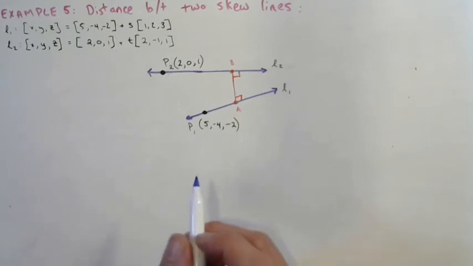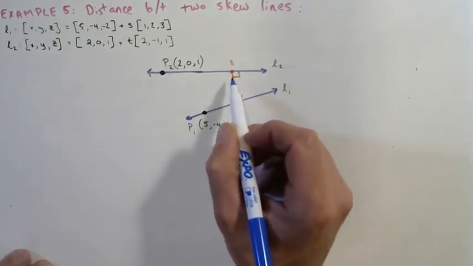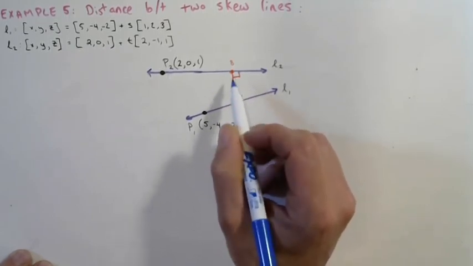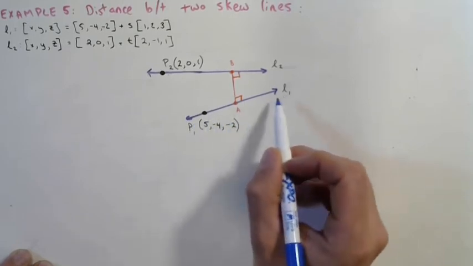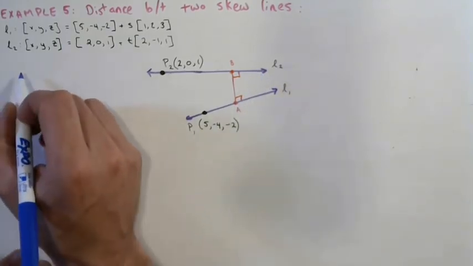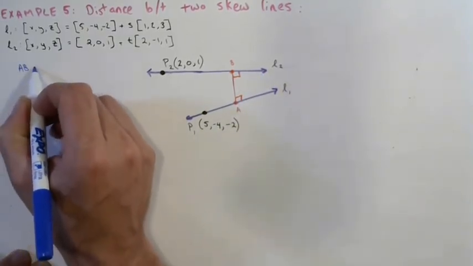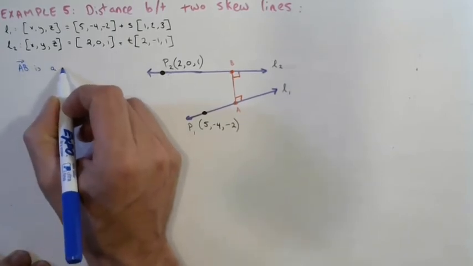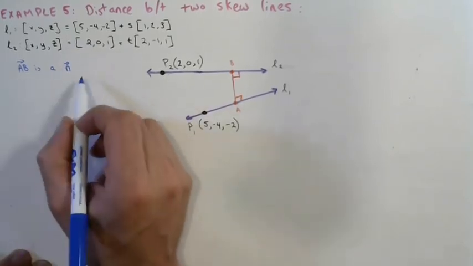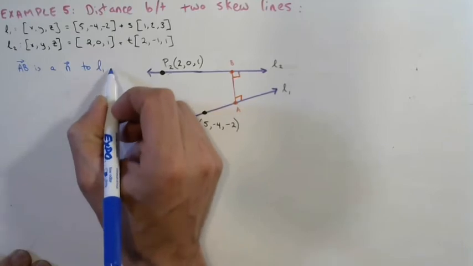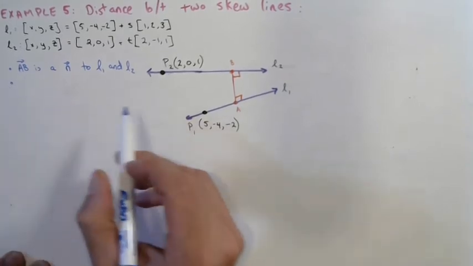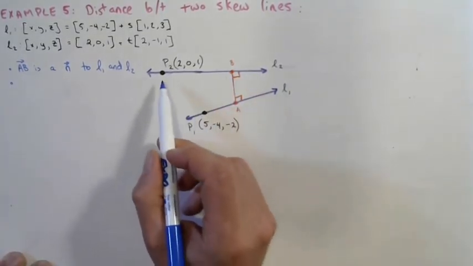I'm going to jot down a couple things that we know already. So AB is the common perpendicular. So AB is a normal to L1 and a normal to L2. What does that mean? I'll write that down first. So AB is a normal to L1 and L2. What else do we know? Well, we have formed some right angles here in three-dimensional space.